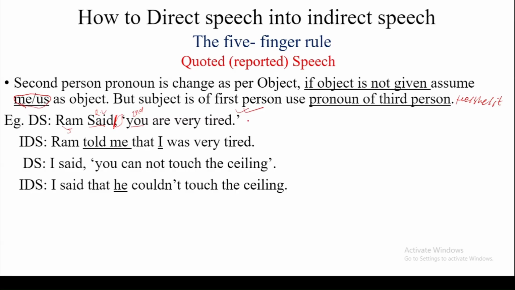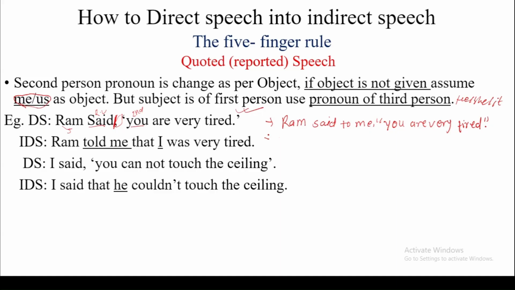If we assume me as the object, the complete sentence will be, Ram said to me, "You are very tired." So this will be the complete sentence.